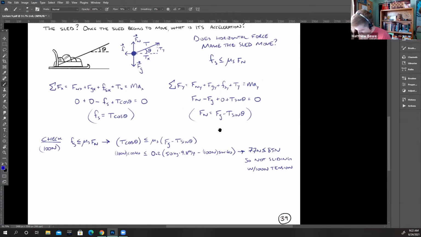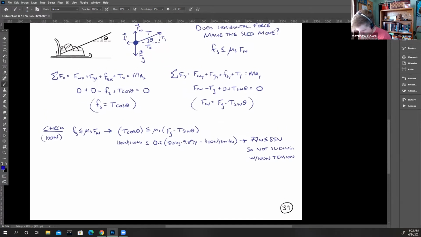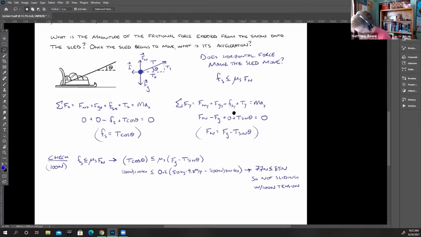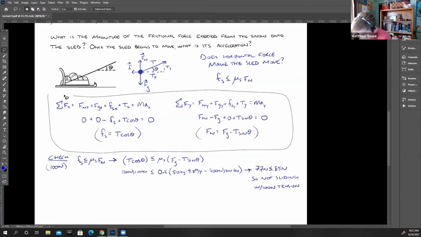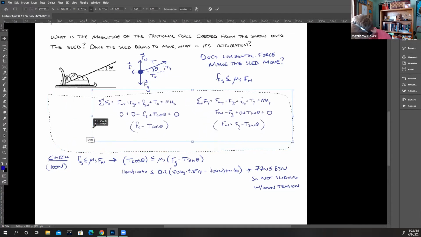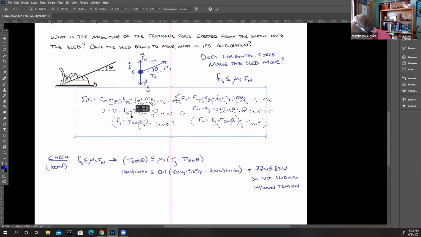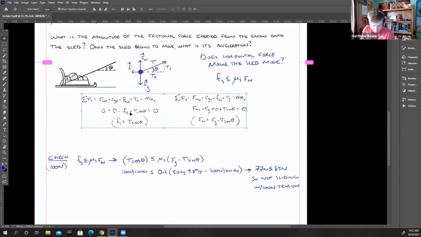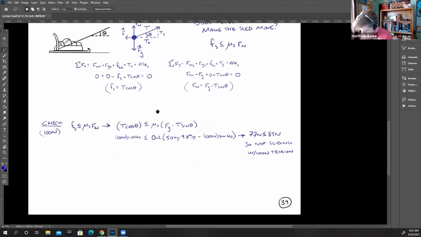So I know I'm going to run out of room, so I'm going to just shrink this middle section just a bit. So I'm going to put it right there. I'm going to move this one up.